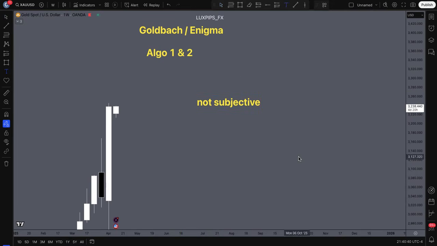Goldbach likes to use the current price and put it into a formula. I can't say that formula in this video because I'm giving away too much detail, and if you want to know about the formula, just go purchase Hopi's book. This formula uses price. It plots out levels that price may go to and is correlating with.